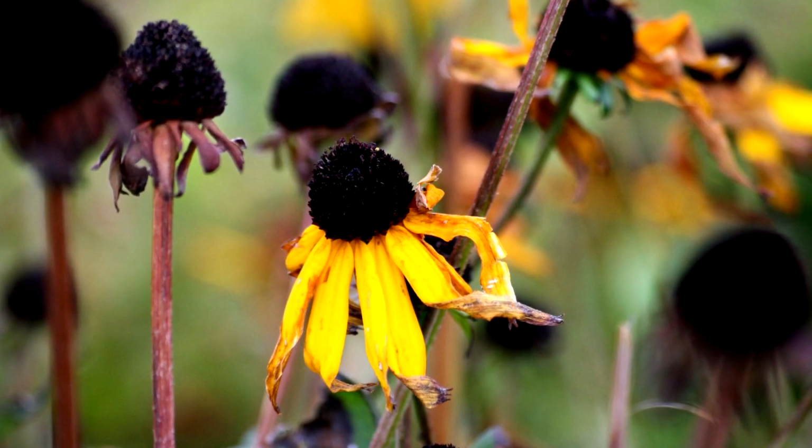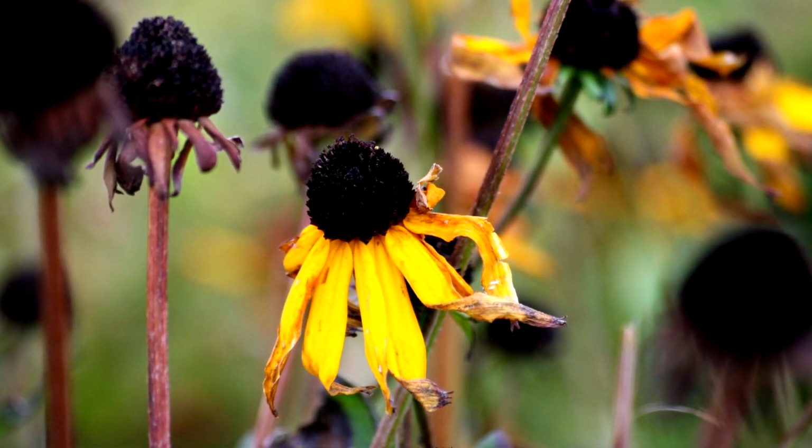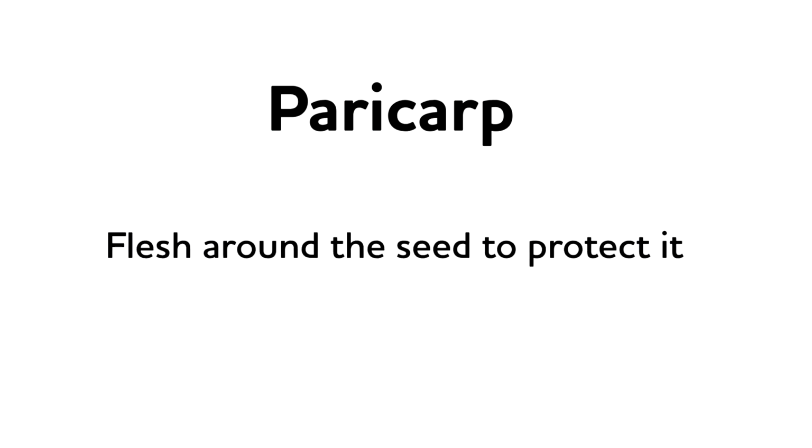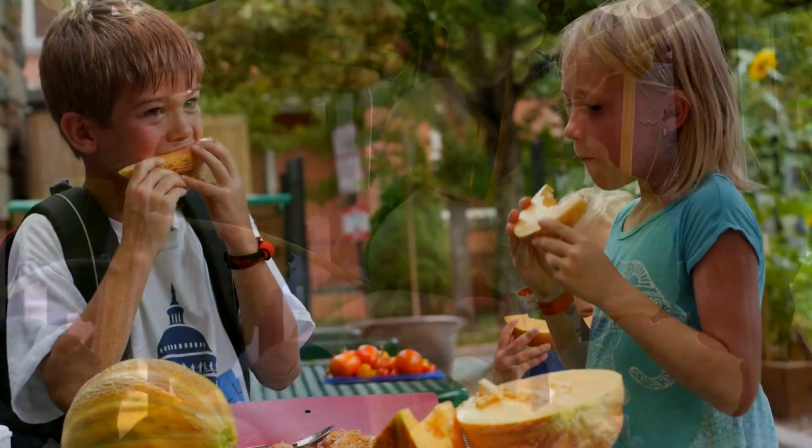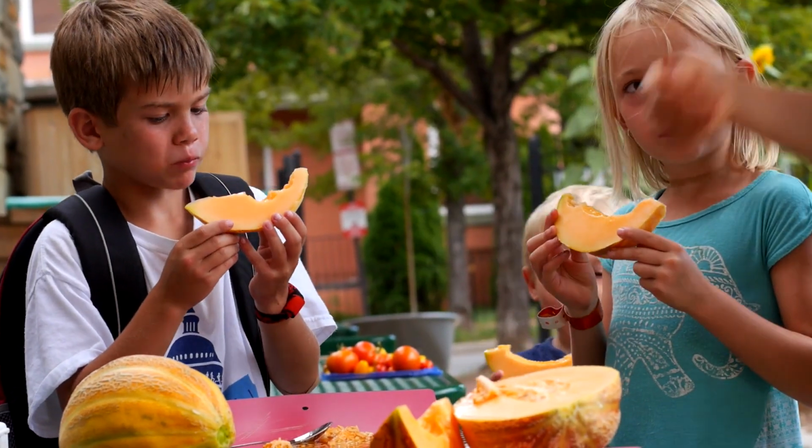Once fertilization happens, the petals, stamen, and pistil of a flower have all done their jobs, and they begin to fall from the flower. The last step in this process is that the wall of the ovary begins to form what's called a pericarp, or flesh, around the seed to protect it. This pericarp is what you and I know as the fruit or vegetable of the plant, usually the part we eat.